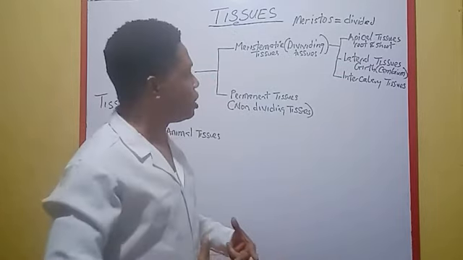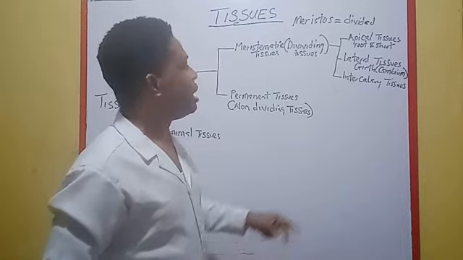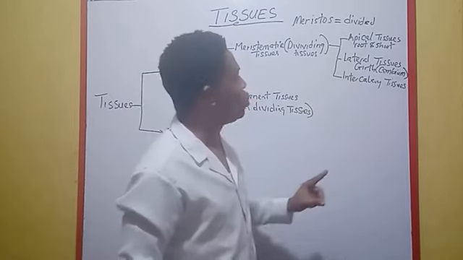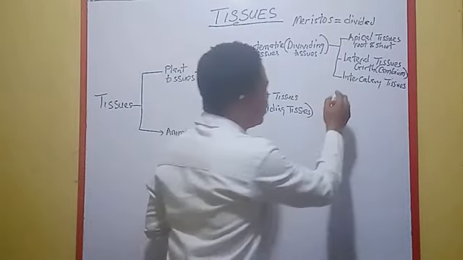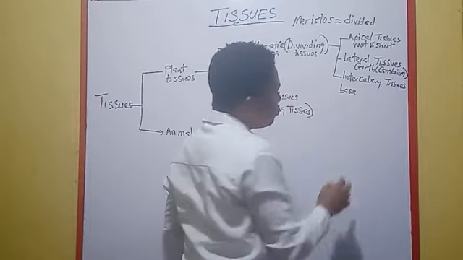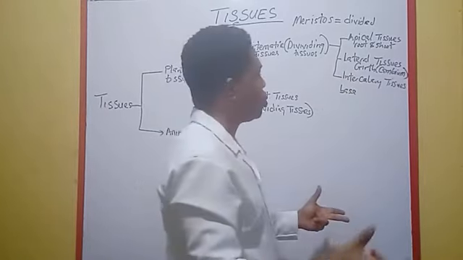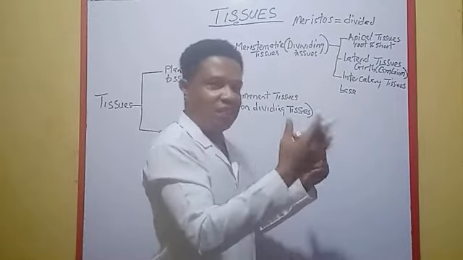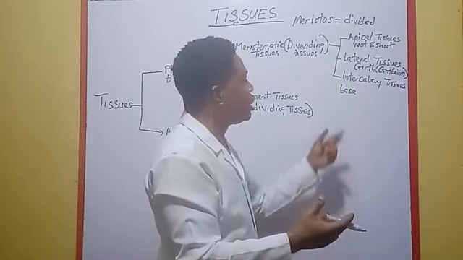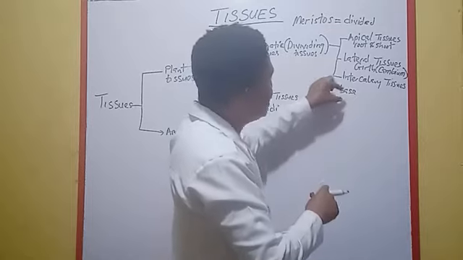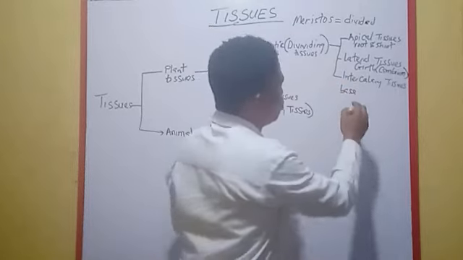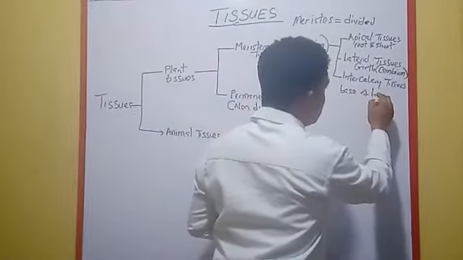Then the intercalary tissue is found at the base of the leaf, or the internodes of the plant.